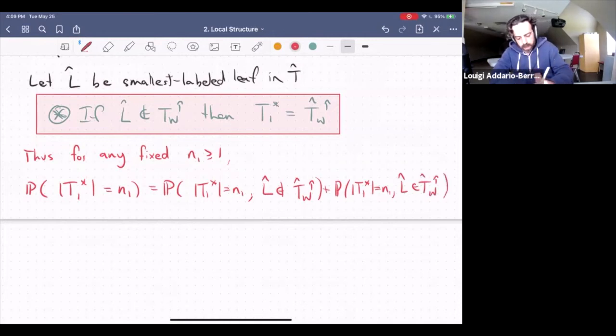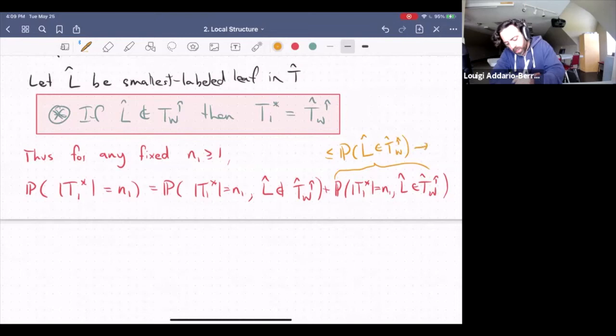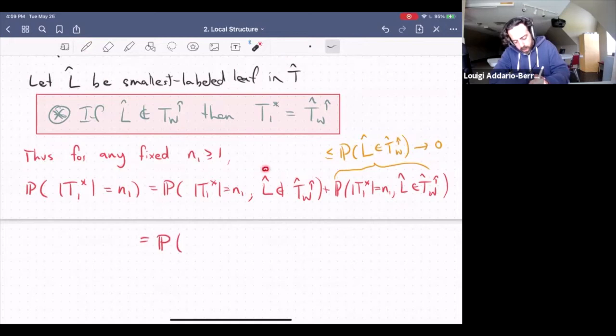Now this term is really an error term. It's bounded from above by the probability that we got unlucky and L hat was in T W up arrow. And by the exercise I stated before, that tends to 0. So that's a negligible error term. And for the other term, this fact says that when L hat doesn't fall in this subtree, studying the size of T1 star and studying the size of that subtree is the same thing.